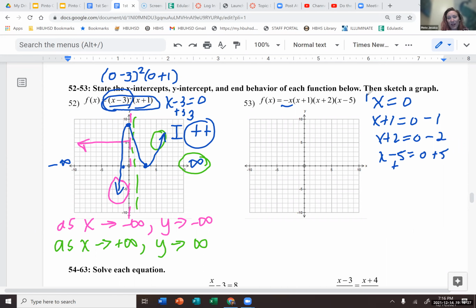So I've got 1, 2, 3, 4 values. So 0, 0, that tells me my x-intercept is at the origin. And so that's the x-intercept and the y-intercept in this case, which I love. So then I've also got -1, got -2, and then I've got +5.